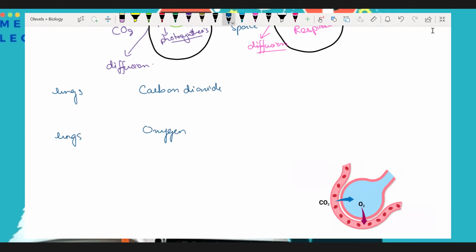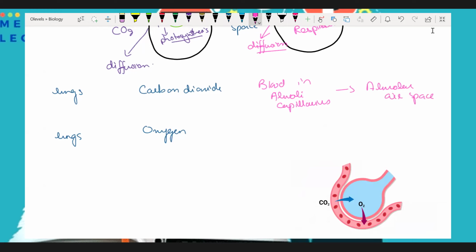In case of carbon dioxide, the movement is from the blood in the alveoli capillaries to the alveolar air space.